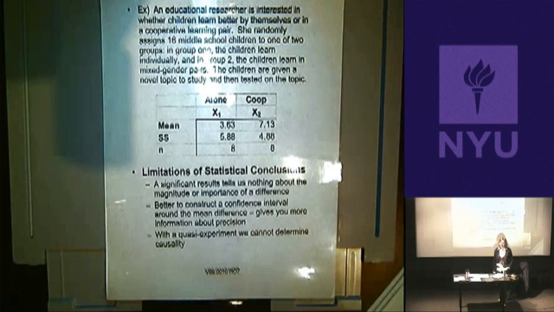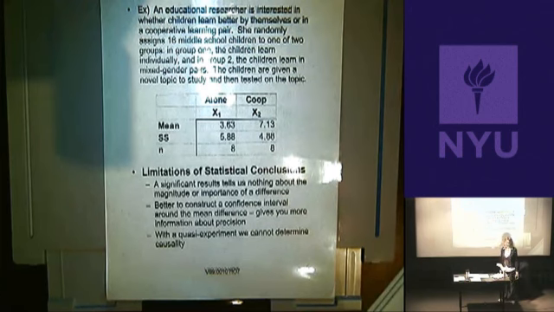And that doesn't change your computation, but it changes how you can interpret your data. You can't even talk about causality if you have a quasi-experiment. You can talk about relationships, but essentially it's the same thing.